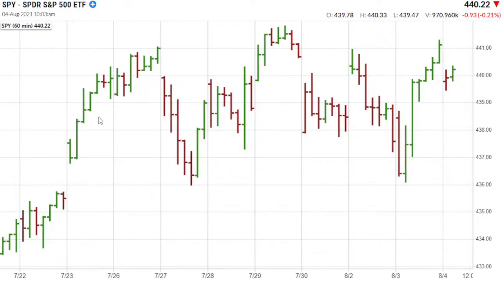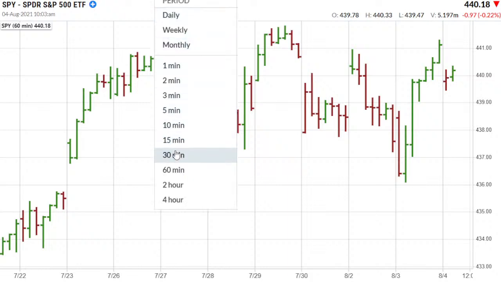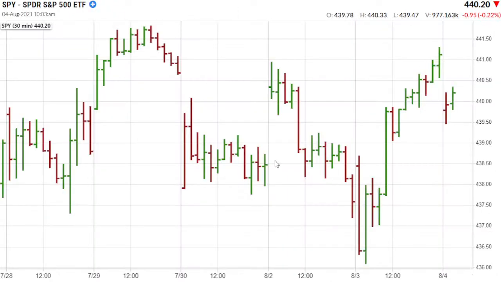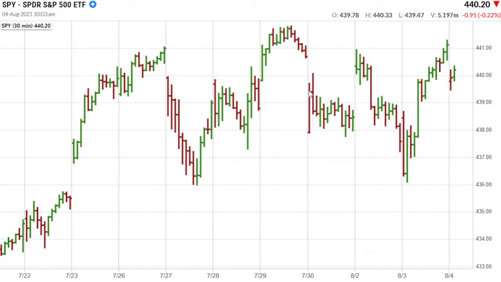For the past couple of weeks, the market has just been trading up and down in this big giant range. If I go to a 30-minute, you can see that even better. Just a big range, right? There's the lower end of the range, there's the upper end of the range. Up and down, up and down.